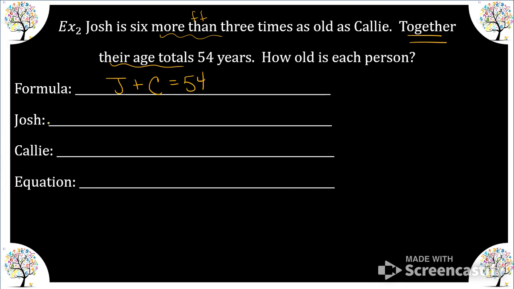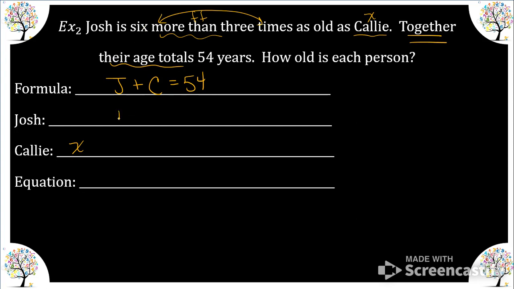Now, let's establish an expression for Josh and one for Callie. I'm going to be using x for my unknown. I know a little bit about Josh. Josh is 6 more than 3 times as old as Callie. I know nothing about Callie, so I'm going to let Callie be x, and I'm going to use this x to write Josh's expression. 6 more than, so we're going to flip-flop this around.